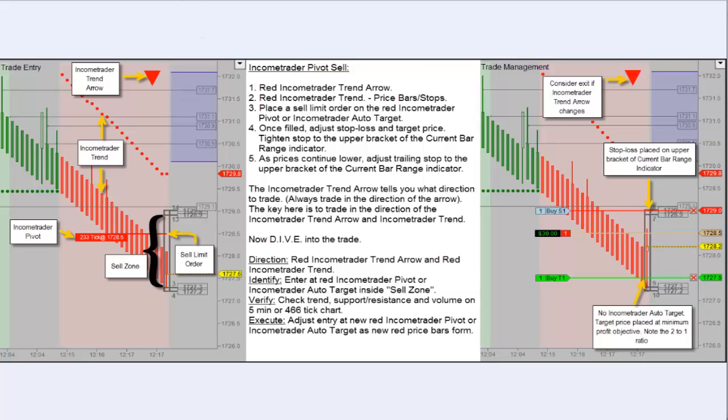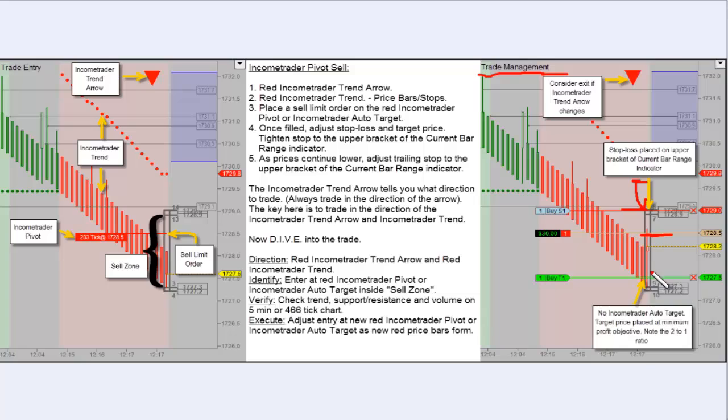All right, so now that we've looked at the setup, let's move on to the trade management. The trade management side says once we're filled, take our stop loss, bring it down to the upper bracket of the current bar range indicator. And our target, if we have an auto target down below, we'll drag it down to there.